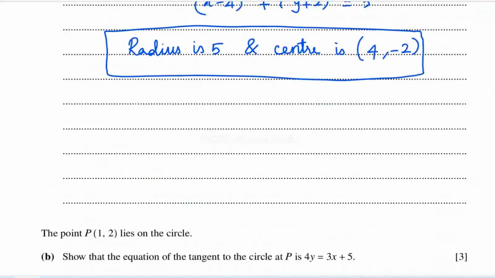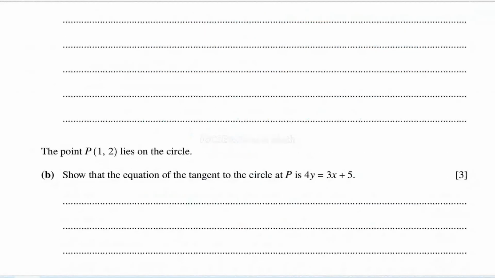Next part of the question is the point P of 1, 2 lies on the circle. Show that the equation of the tangent to the circle at P is 4y is equal to 3x plus 5. So the point P is given.